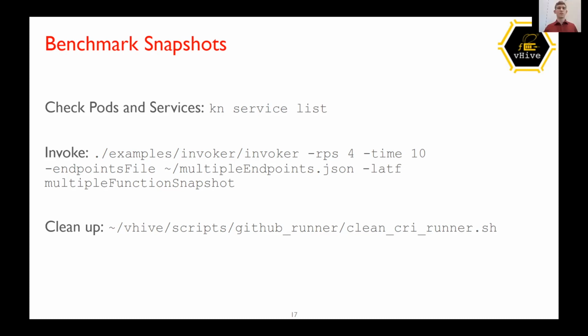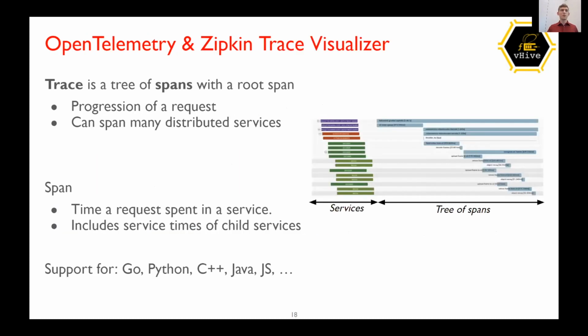Perfect. So we want to go away from just looking at raw latencies for single invocations, because end-to-end latency in the end doesn't tell us what's actually happening, right? We could have a latency of 5 seconds for a simple hello world, but it doesn't tell us how these 5 seconds are spent. And for that, we want to reintroduce OpenTelemetry and Zipkin.